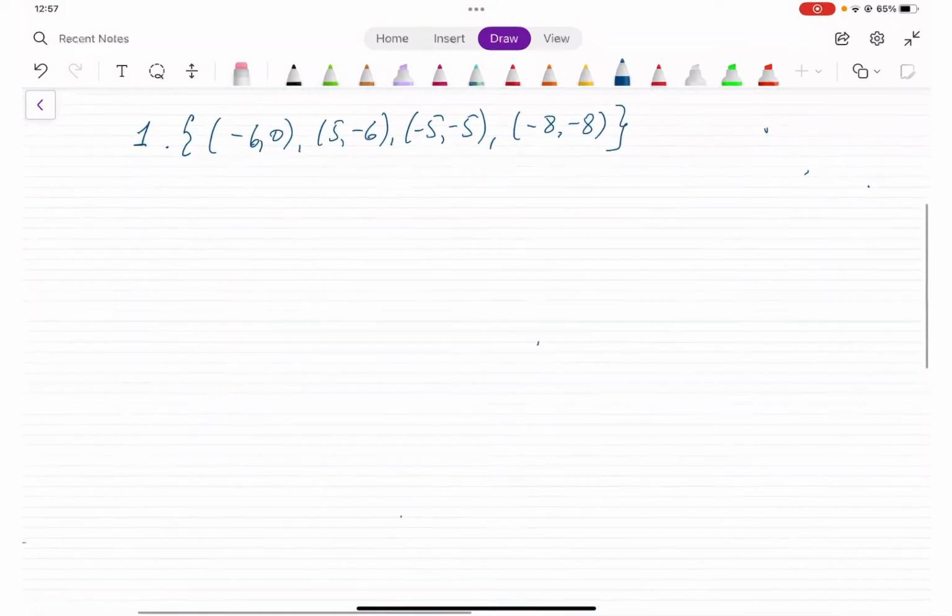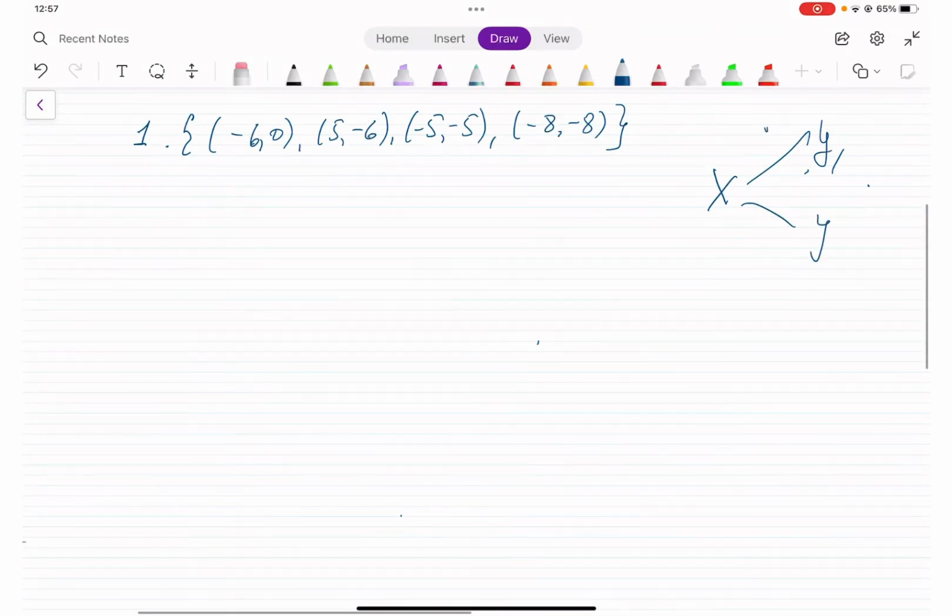Which means every x cannot have two y's. You cannot do that. And which means in these coordinates x cannot repeat. If x is repeating, that means it has two different y's.